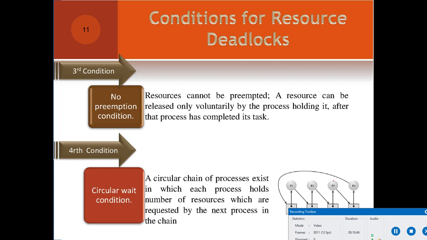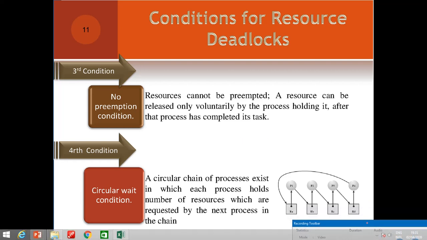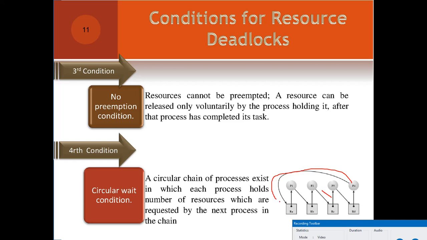The last one is the circular wait condition. Circular wait makes a chain of processes. Process P1 is holding resource 1 and requesting resource 2. Process P2 is holding resource 2 and requesting resource 3. Process P3 is holding resource 3 and requesting resource 4. Process P4 is holding resource 4 and requesting resource 1.